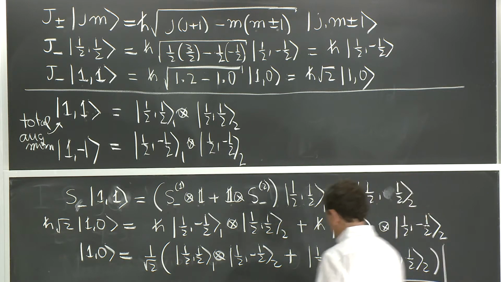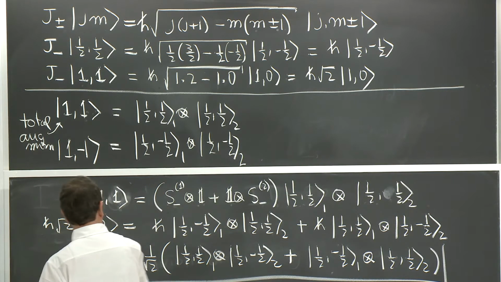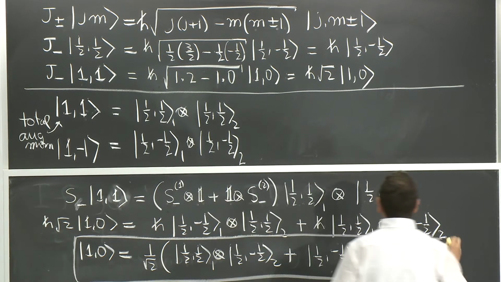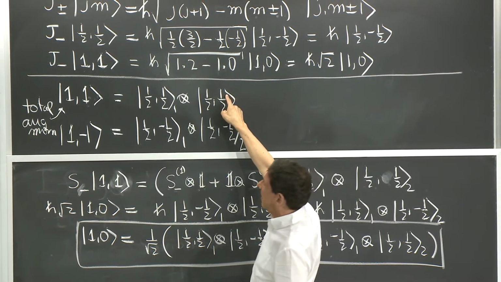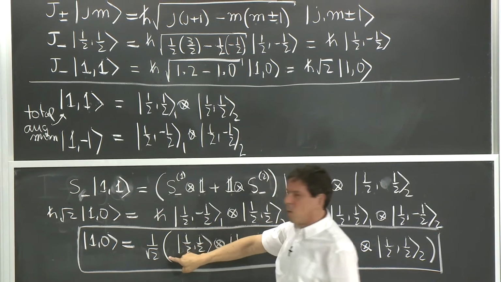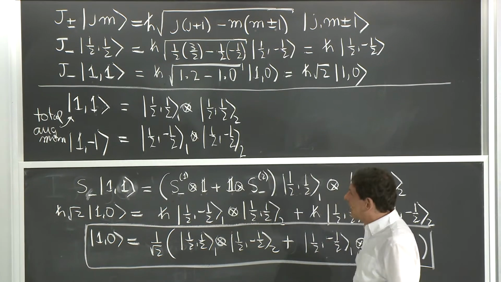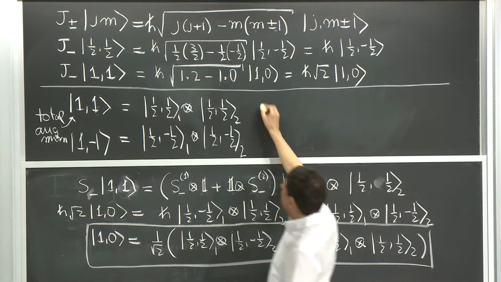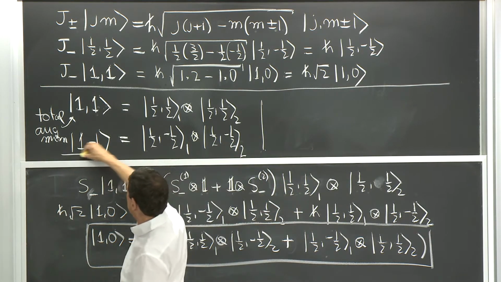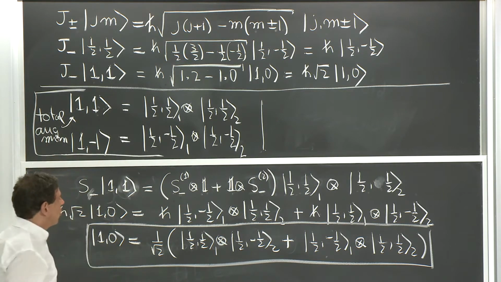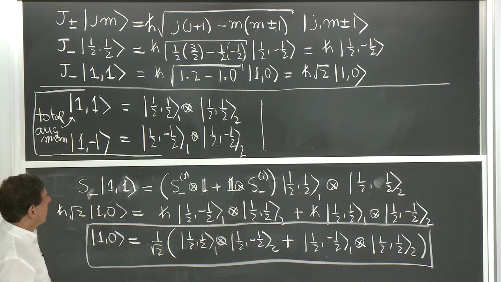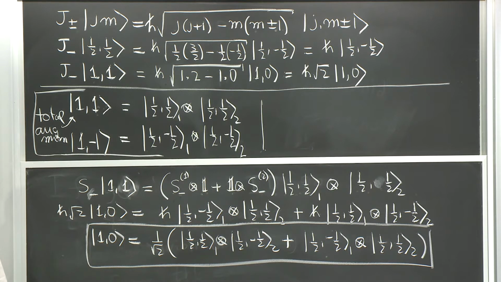Close parentheses, and we can box this equation. Now we have the full multiplet. We have the |1,1> state, the |1,-1> state, and the |1,0> state. These three states, this is an important equation as well, correspond to the multiplet with spin equals 1.